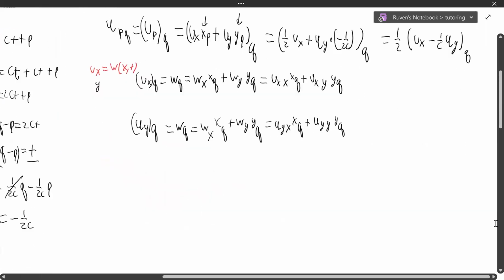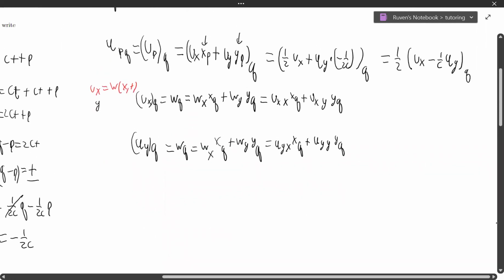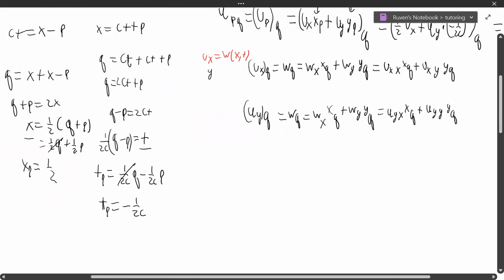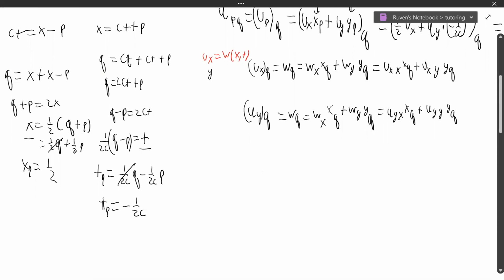Okay. So now, before we actually plug it into here, I just want to simplify it quickly. The way we can do that is by taking things with respect to q now.